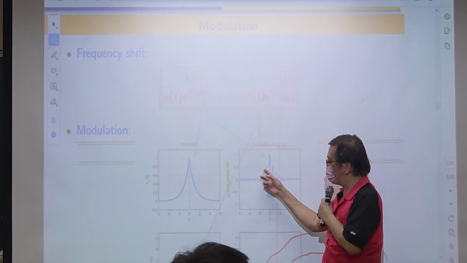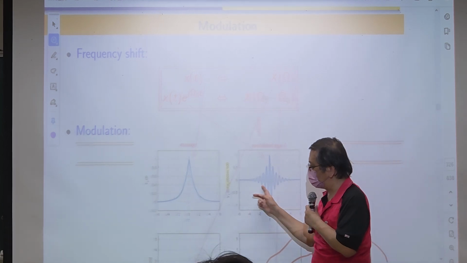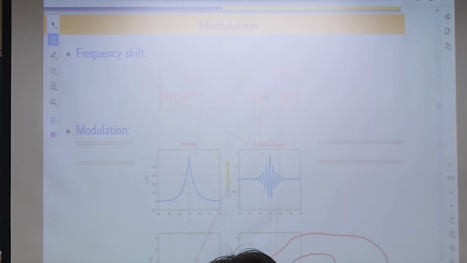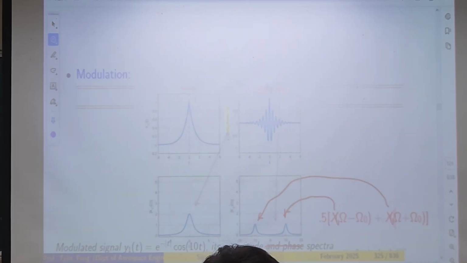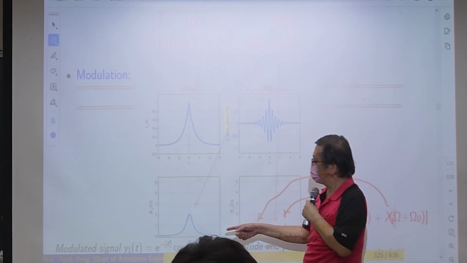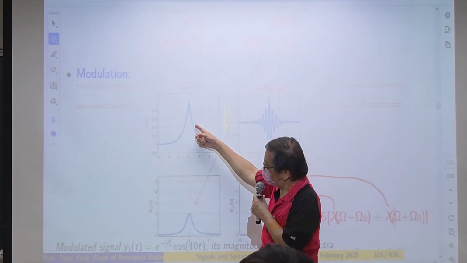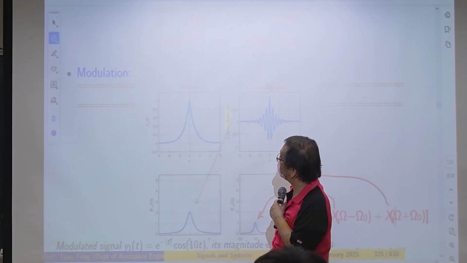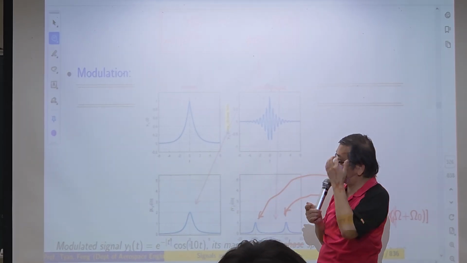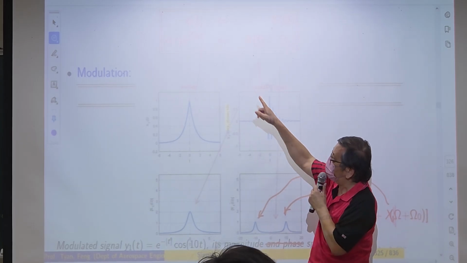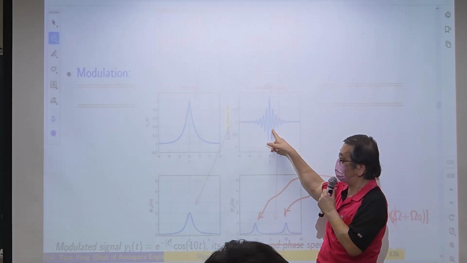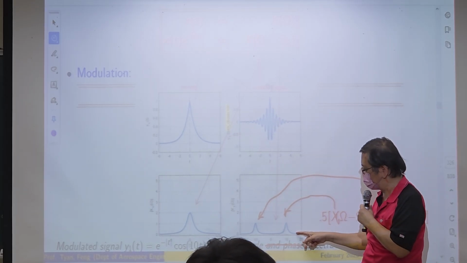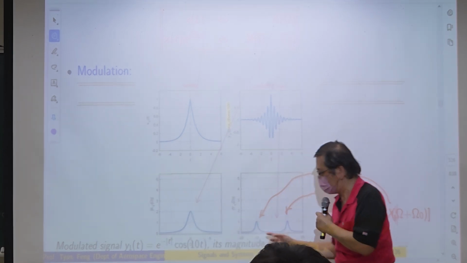So if this is the frequency response of the original signal, the signal message, then once you multiply by the sinusoidal signal, this becomes a modulated signal. Then its frequency response will be similar to this one, but with a shift.